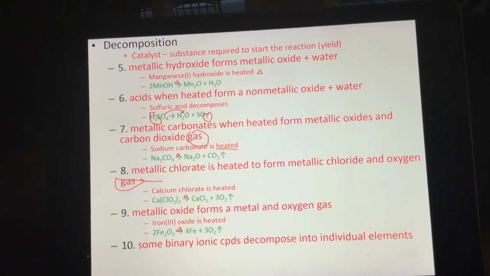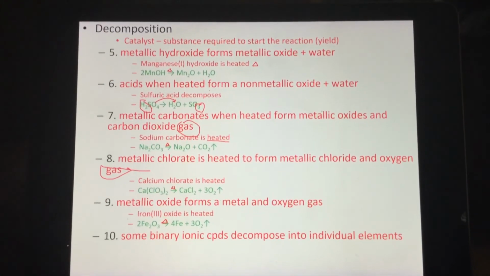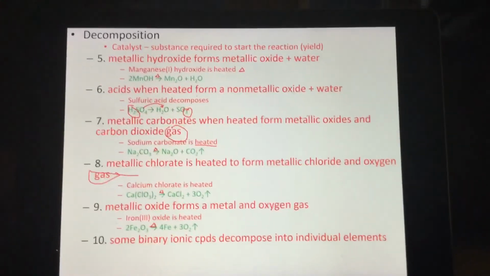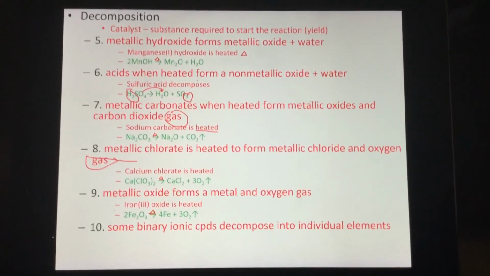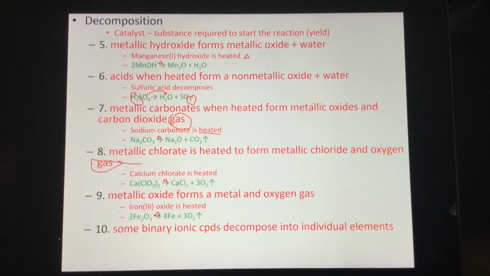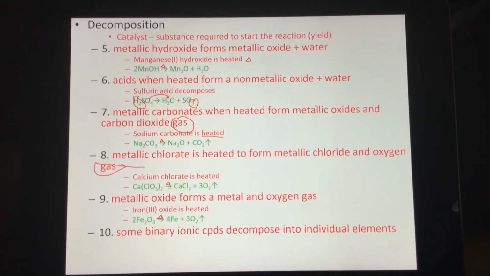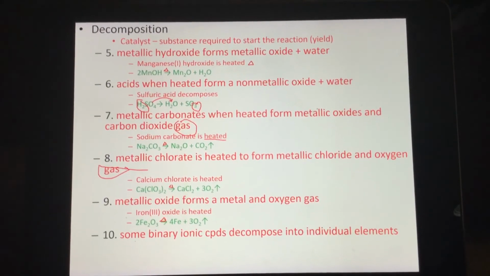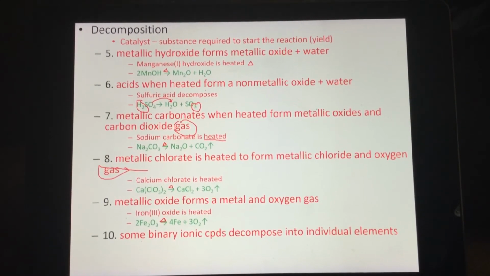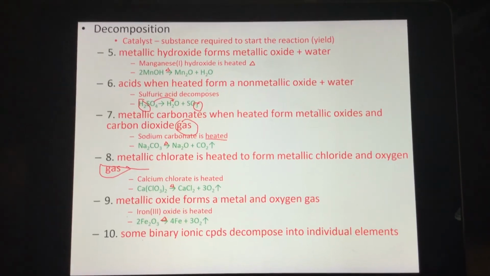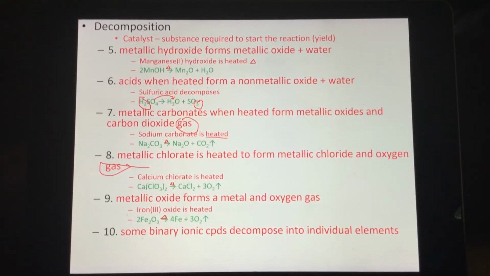Remember, we talked about this back in October, whenever we first started naming ionic compounds. Binary ionic compounds are just a metal, non-metal, just 2 elements. So this last decomposition reaction says any binary ionic compound can decompose into its individual elements.